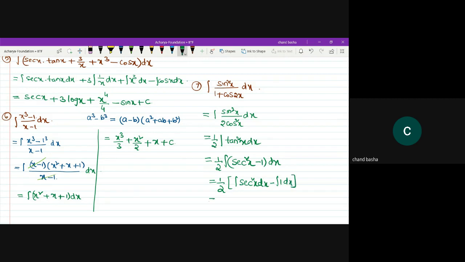This is equal to 1 by 2, already outside. Integral secant square means it is tan x, minus integral 1 means x, plus c is the required answer. Hope this question is clear.